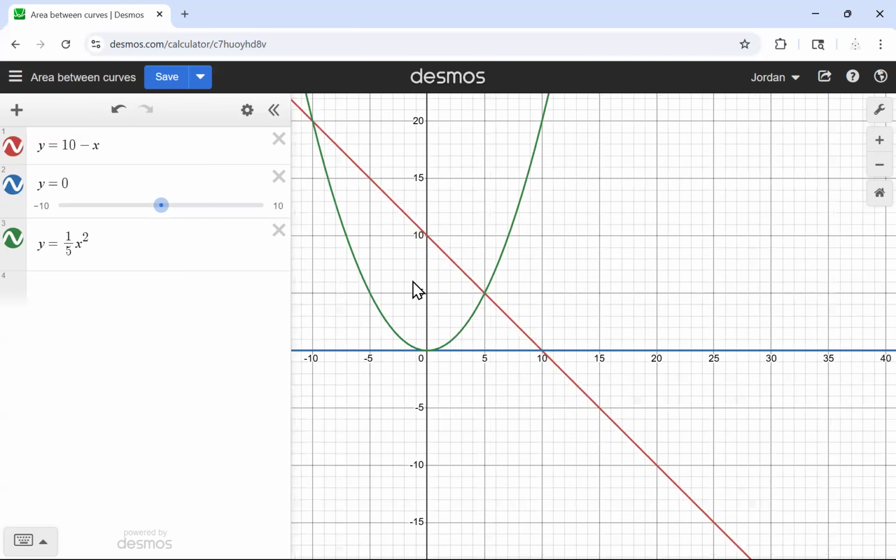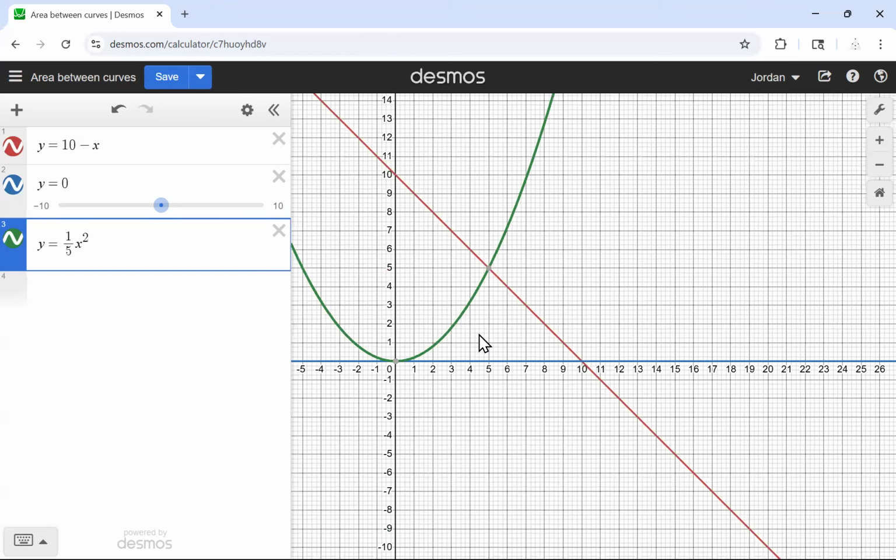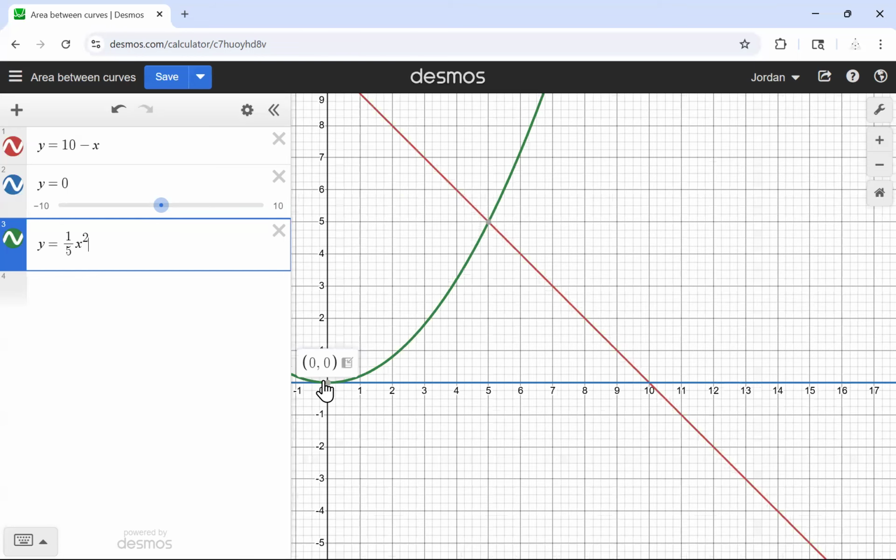If it says the closed bounded region bounded by all 3 curves, we're looking for a region whose perimeter hits all 3 curves. This region is closed and bounded by y equals 10 minus x and y equals 1/5 x squared. But y equals 0 is really not on the perimeter of that region. So we're talking about this closed bounded region here.